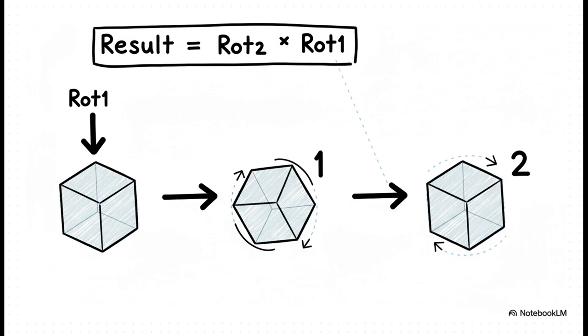When you write rotation 2 times rotation 1, you'd think it applies rotation 2 and then rotation 1. Nope, it's the other way around. The rotation on the right side of the star happens first, and then the rotation on the left. So rotation 2 times rotation 1 means apply rotation 1, and then to that result, apply rotation 2. Remembering that little detail will save you so much confusion.